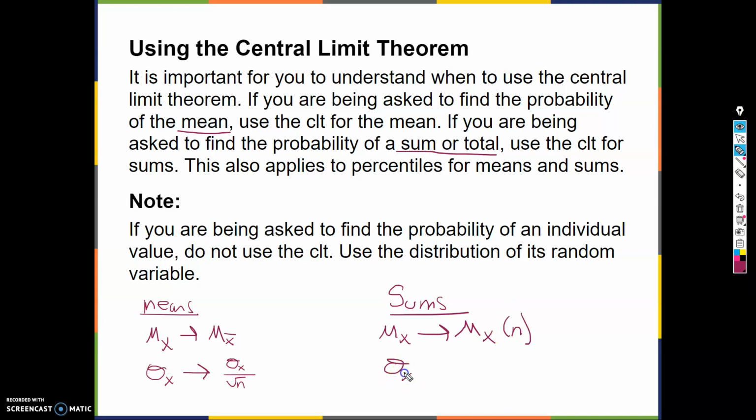And the standard deviation goes to the square root of n times the standard deviation. So for sums, mean goes to mean times n, and standard deviation becomes square root of n times standard deviation. But then we get to keep using normal CDF on the calculator the same way. But note, if you're being asked to find the probability of an individual value, do not use central limit theorem. Use the distribution of its random variable. In other words, use the original distribution for that.